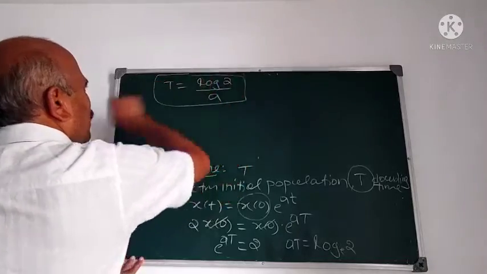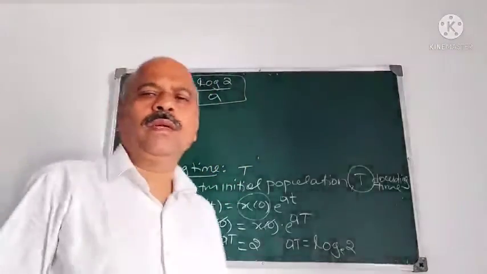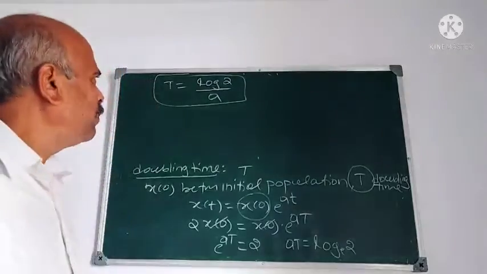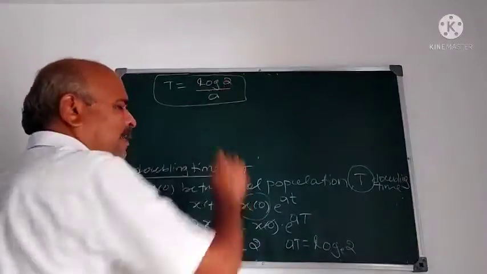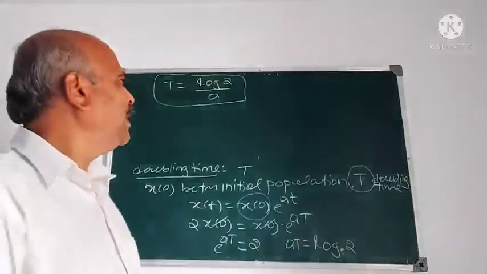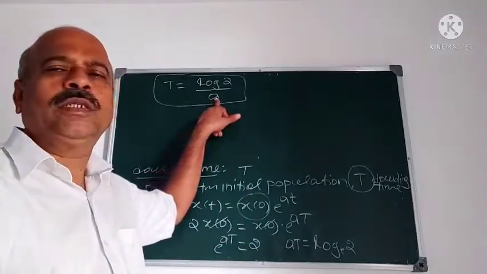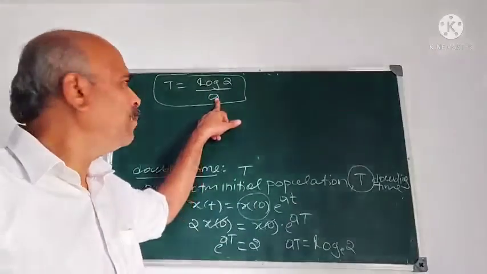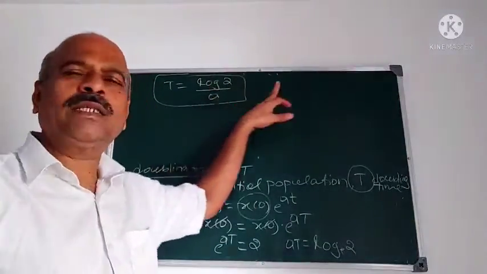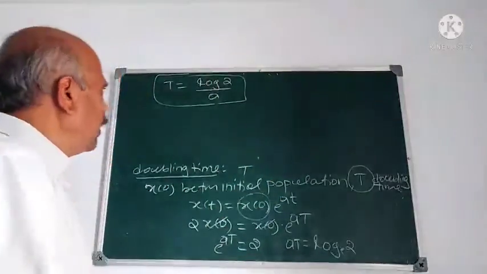This is the doubling time. Here a is the birth rate minus the death rate, b minus d.